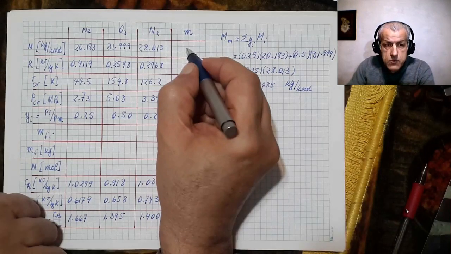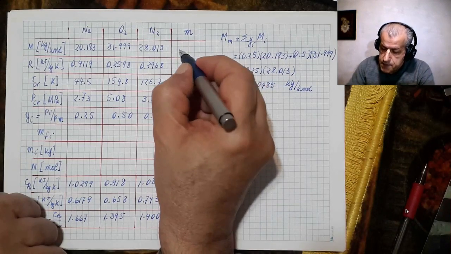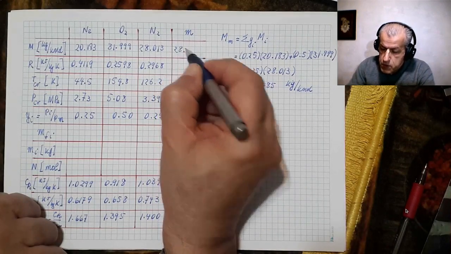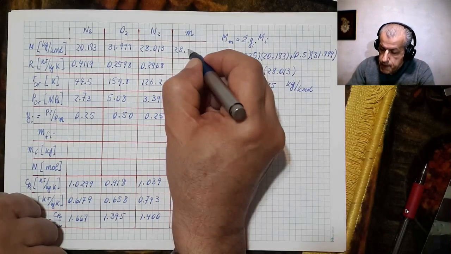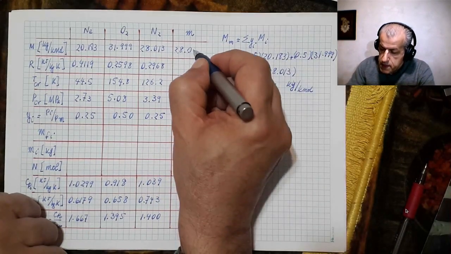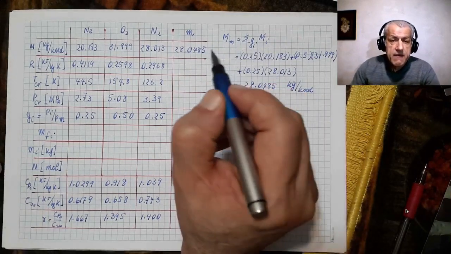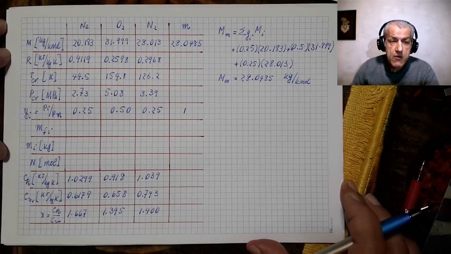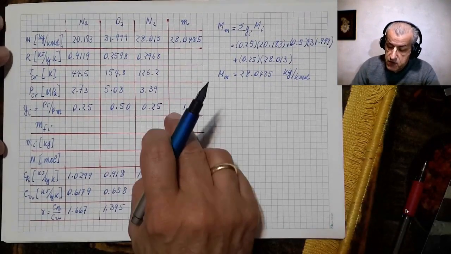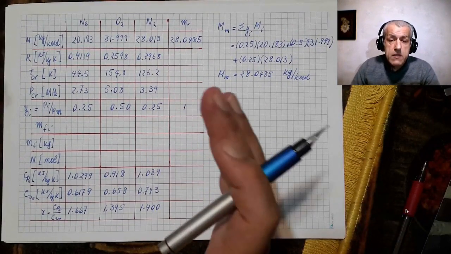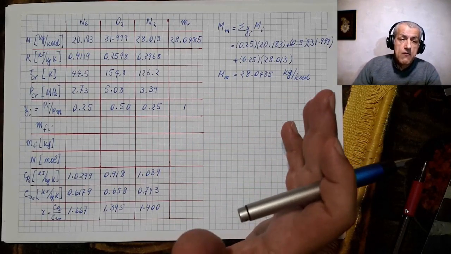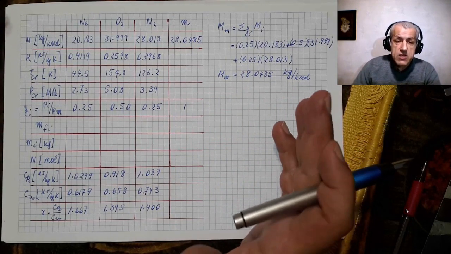And that's what I would write here, 28.0485. That's a very important step we have taken. From this value, we have found one equivalent value for our mixture.